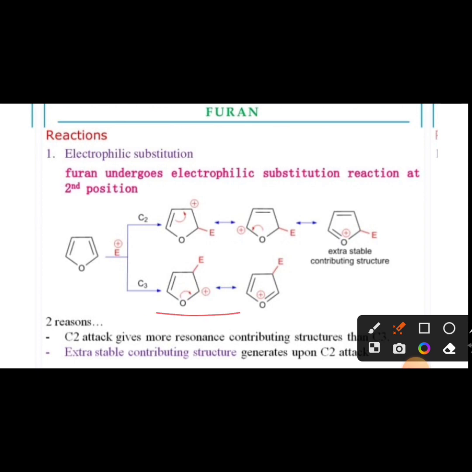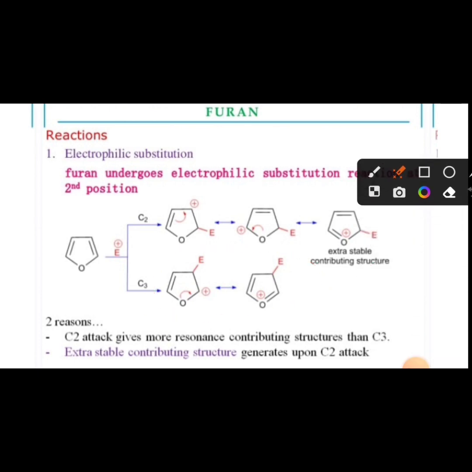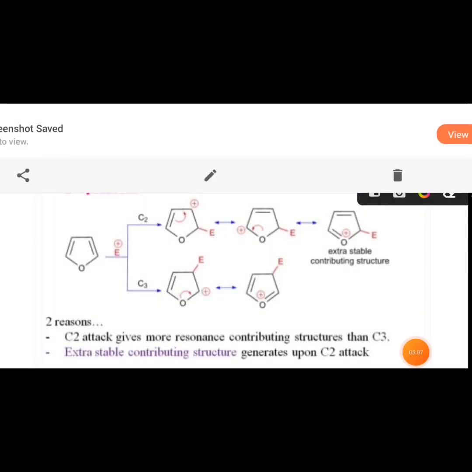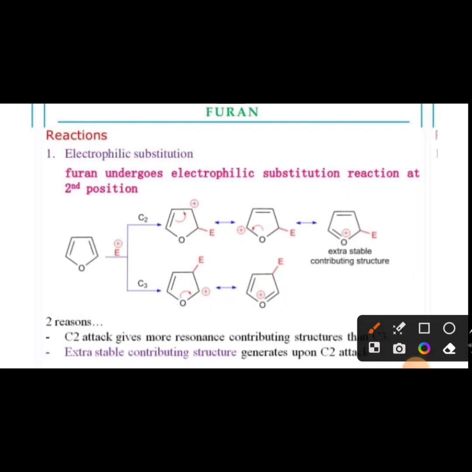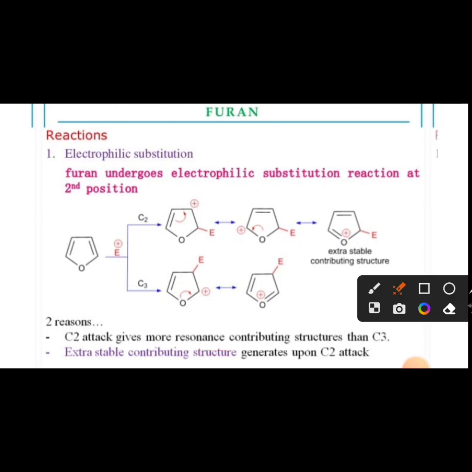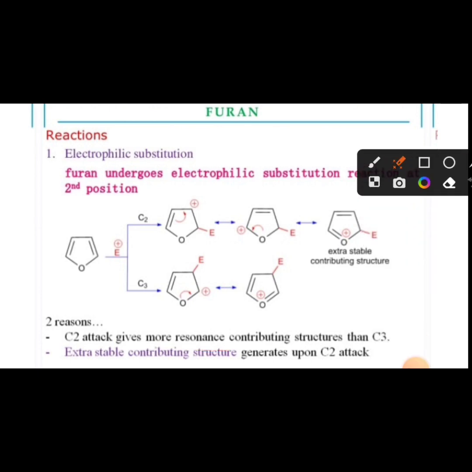Third position reaction, there are two resonating structures. Reason: C2 attack gives more resonance contributing structures than C3. An extra stable contributing structure is generated upon C2 attack.